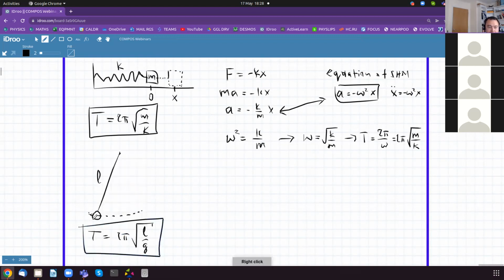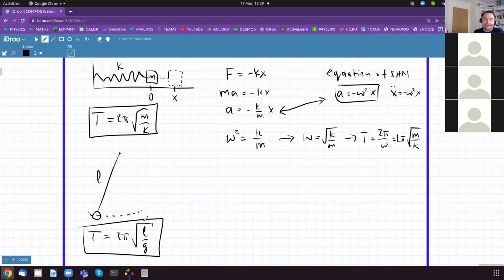This is the time period of a pendulum. And you can see that the time period of a pendulum only depends on one thing. It depends on the length of the pendulum and does not depend on the mass of the pendulum. So any mass on a rope will oscillate back and forth with the time period, which is directly proportional to the square root of L. Okay.